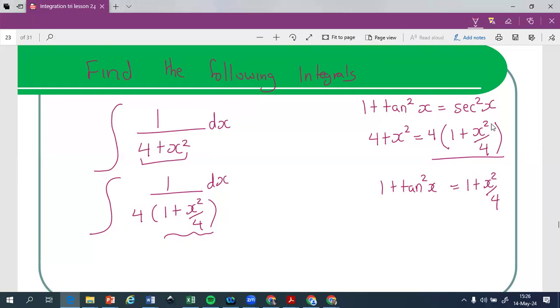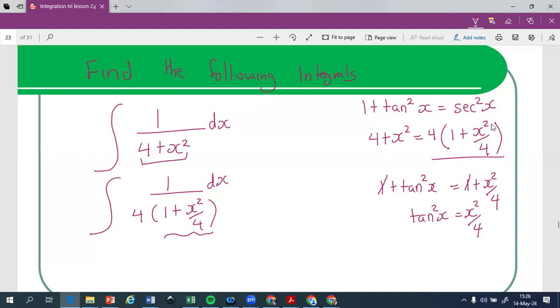So what is going to happen? Are you seeing this one and this one reducing? So we are going to remain with tan squared x is equal to x squared out of 4. Now both sides are squared, so I can get the root.